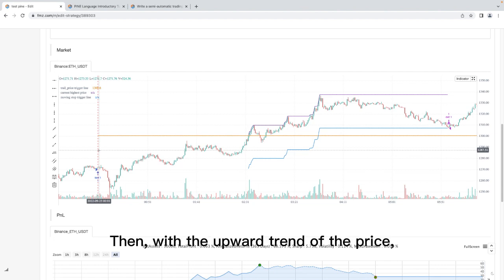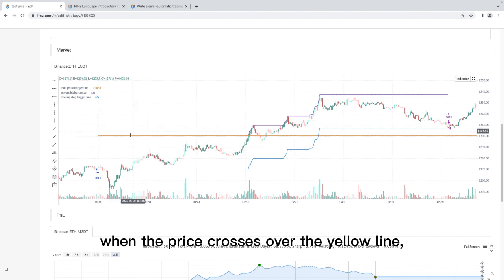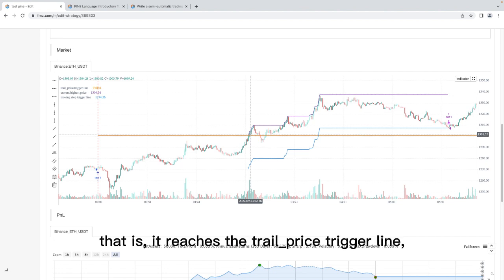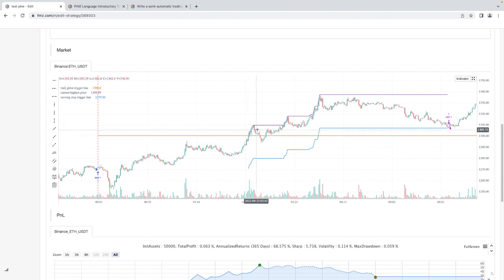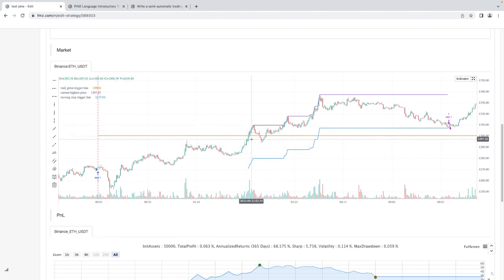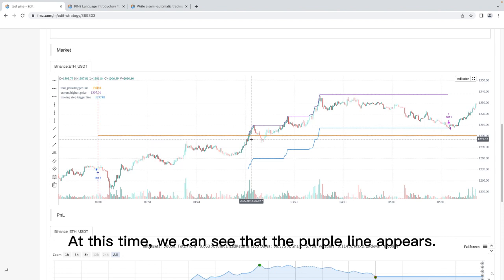Then with the upward trend of the price, when the price crosses over the yellow line, that is, it reaches the true price trigger line, the tracking profit stop operation of test 1 position is triggered at this time. At this time, we can see that the purple line appears.